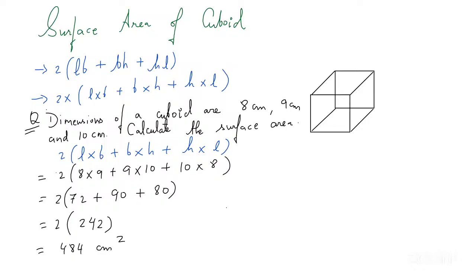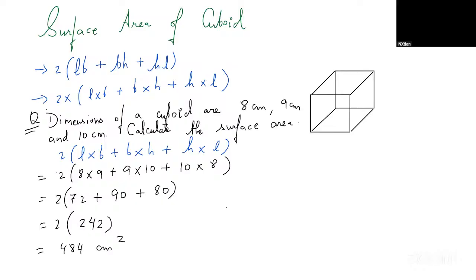So this is surface area. What we did, we calculated length into breadth plus breadth into height plus height into length. Whatever we got, we multiplied it with 2.